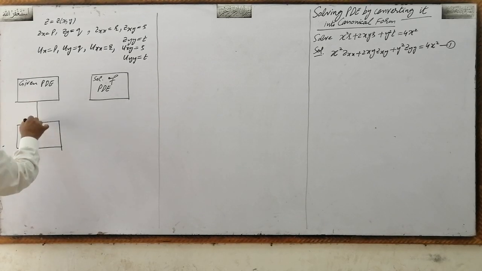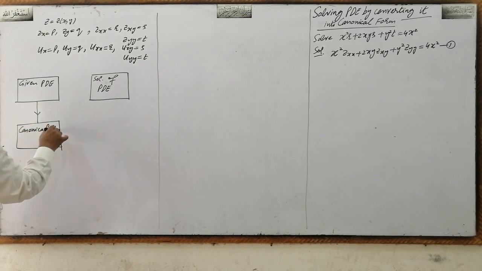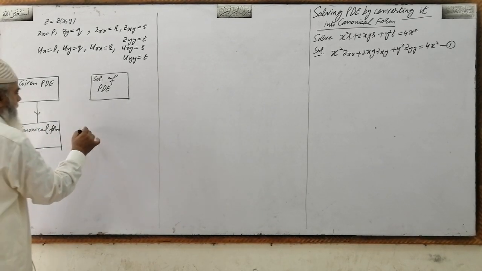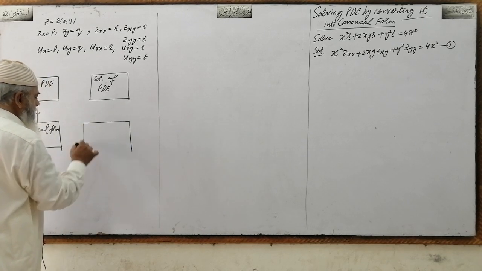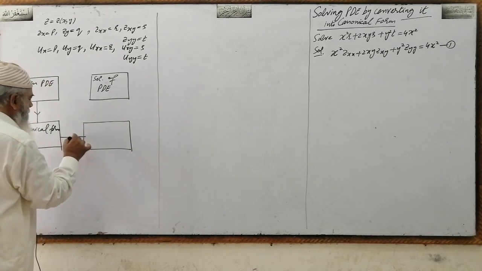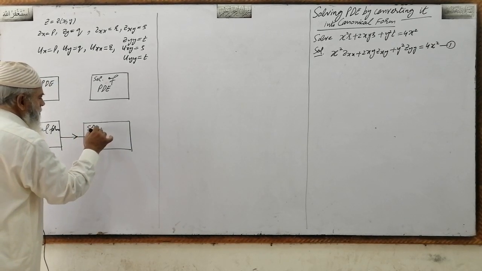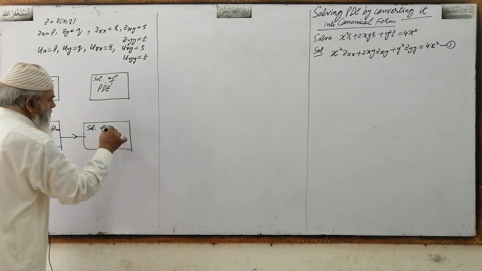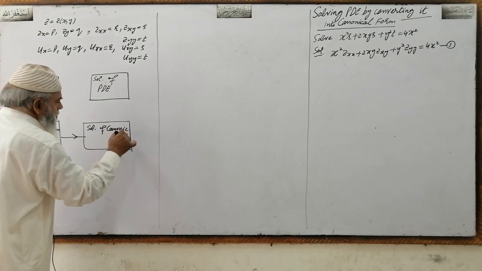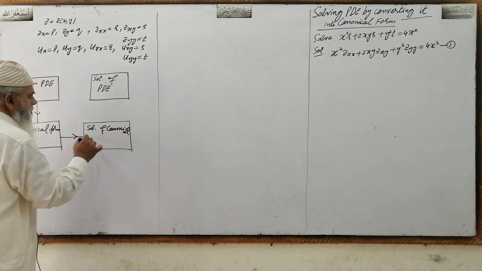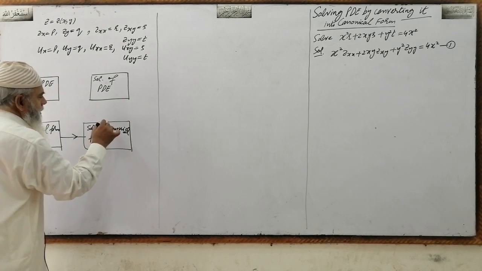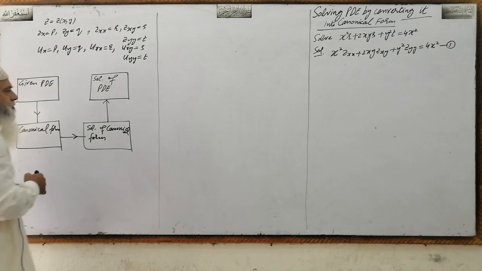We first convert it into canonical form, and then we solve this canonical form, get the solution of the canonical form, and then we go back to the original solution.